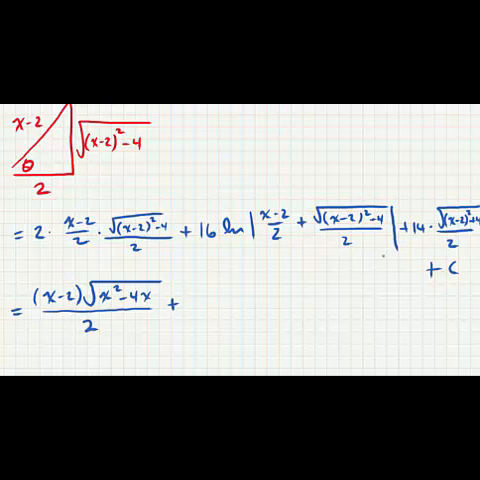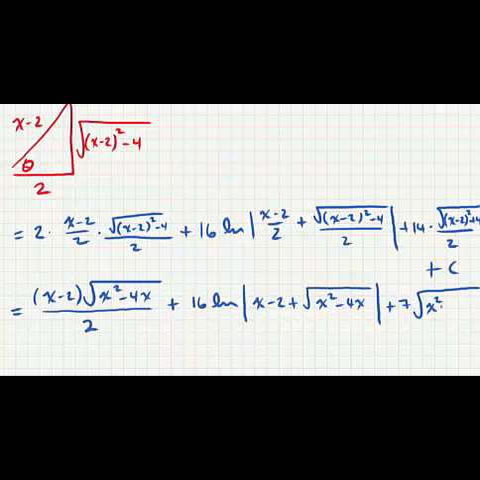Log of the denominator is a constant, and it can get absorbed into the c over here. So we're going to have plus 16 natural log absolute value x minus 2 plus square root x squared minus 4x, if we simplify what's in the square root. And then over here we get 7 times the square root of x squared minus 4x. And then we have our integration constant. Boom.